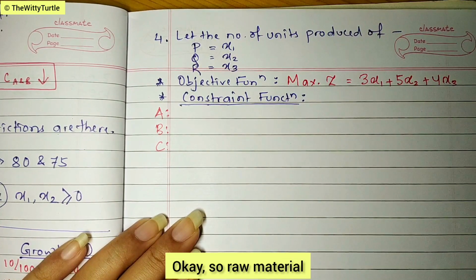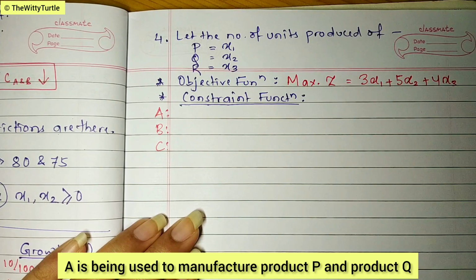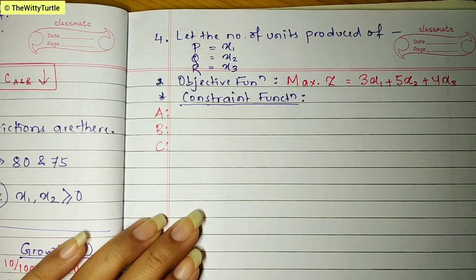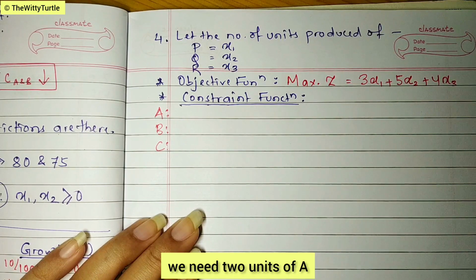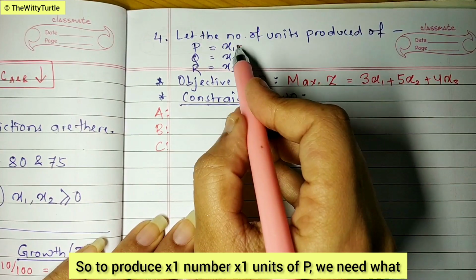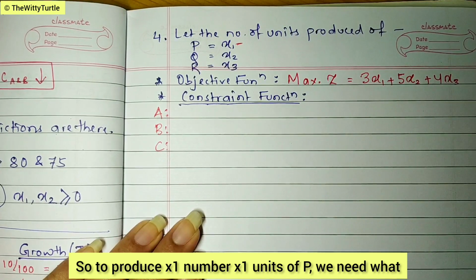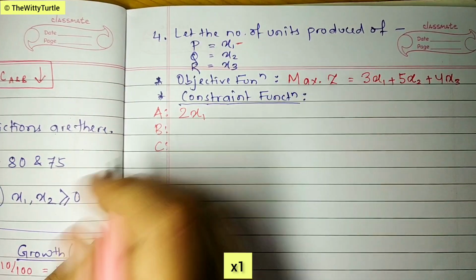Okay, so where is raw material A being used? Raw material A is being used to manufacture product P and product Q. So to manufacture 1 unit of product P, we need 2 units of A. So to produce x1 units of P, we need what? We need 2x1.